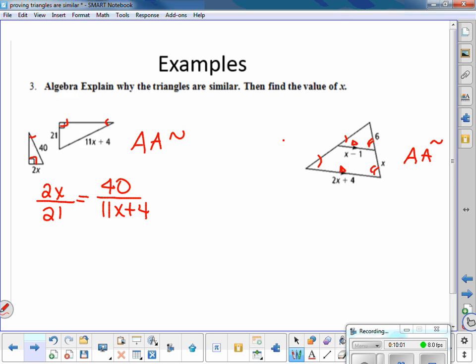Whenever you have parallel lines, you can always split this up, and you have your similarities sitting right here, only when they're parallel. So you could say 6 over x is equal to x minus 1 over 2x plus 4. And that's all we're going to do. We're not solving it for x here.